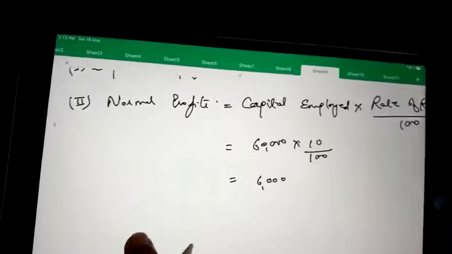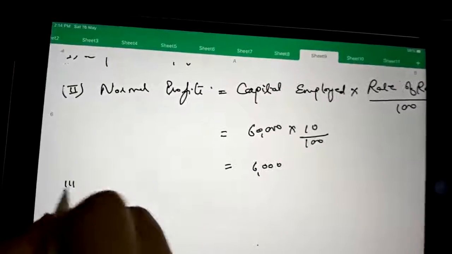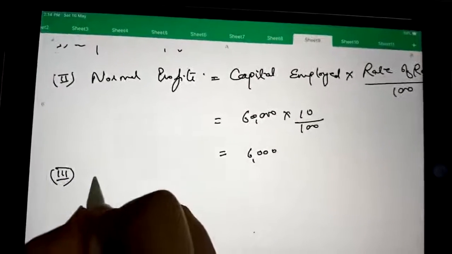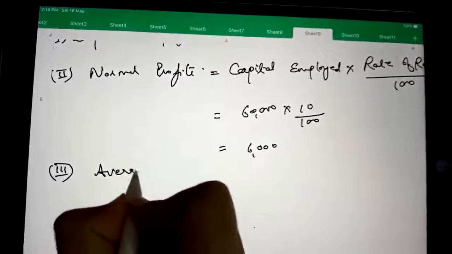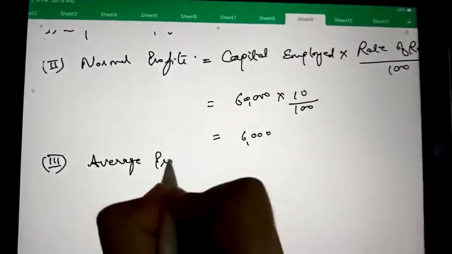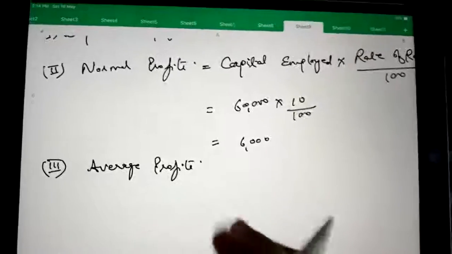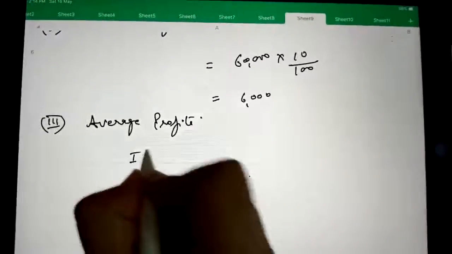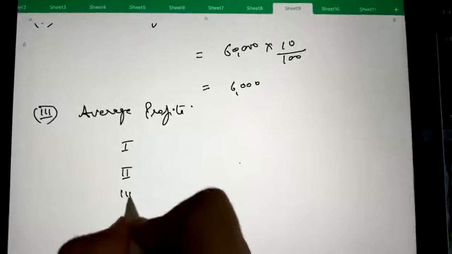And the third step is to calculate average profits. 3 years profits are given to us, first, second and third year.